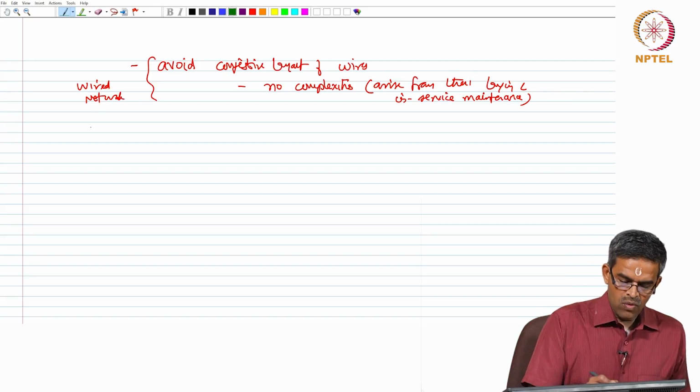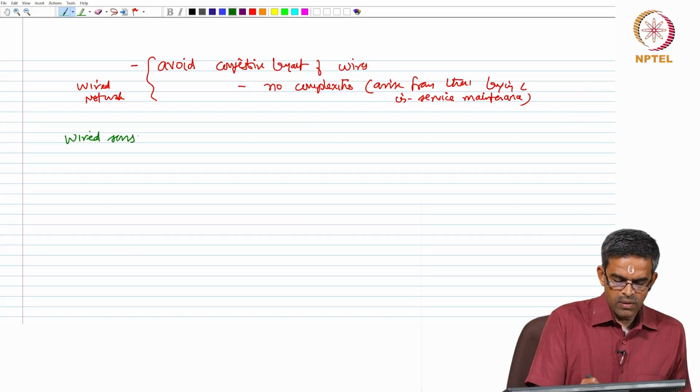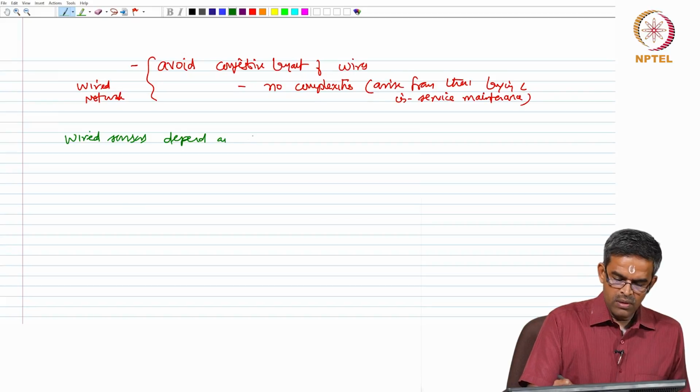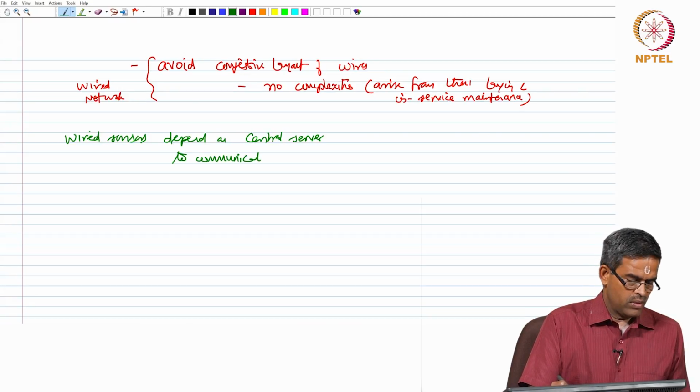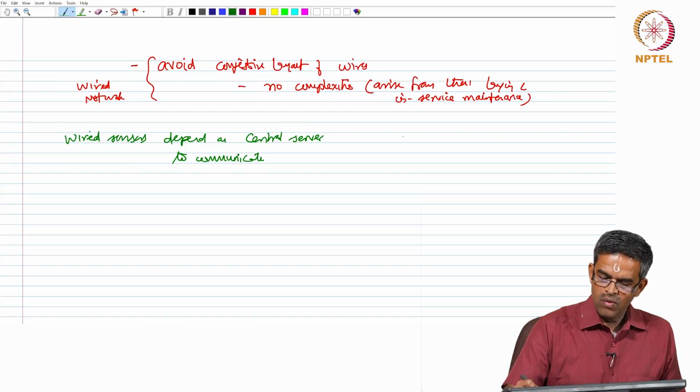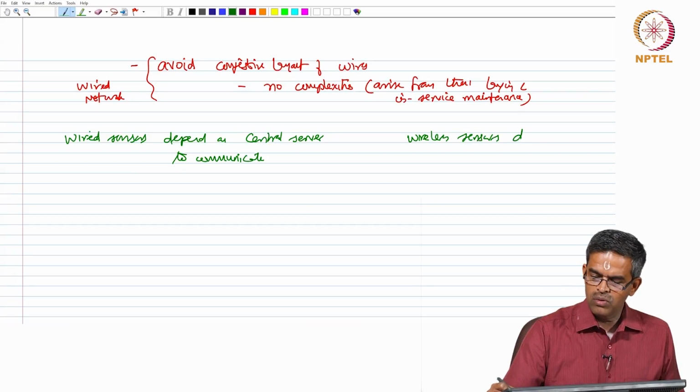Further, wired sensors depend on a central server to communicate, whereas wireless sensors do not need a central server.